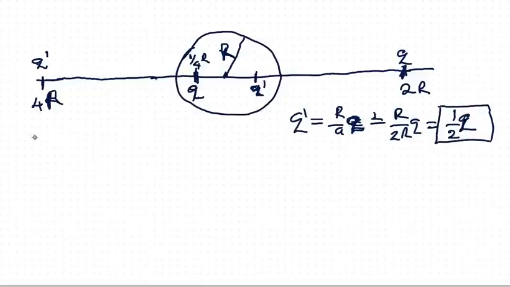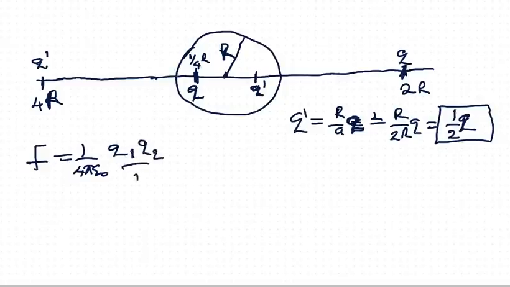From Coulomb's law, we have that F is equal to 1 over 4 pi epsilon naught times Q1 Q2 over R squared.